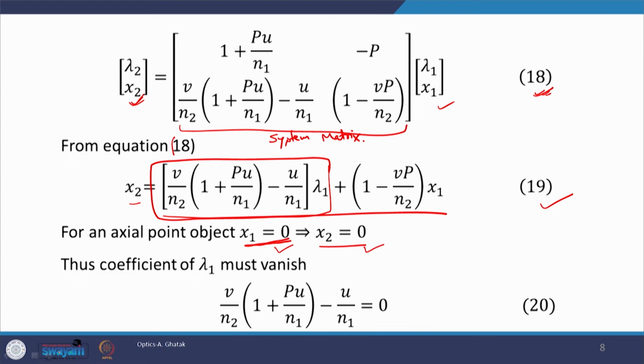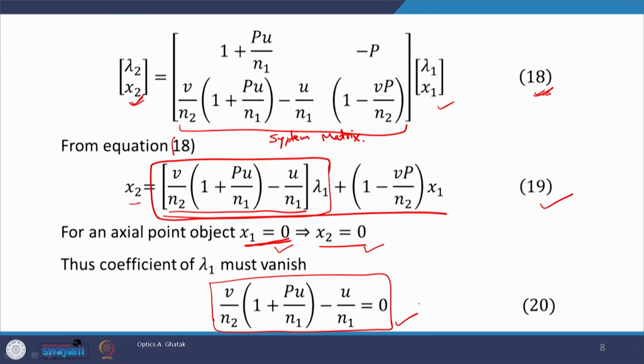Therefore, the coefficient associated with lambda 1 must be equal to 0, and we will equate this term in the bracket to 0. If you equate this term to 0, then we will get this relation, which is equation number 20. For an axial point object and axial point image, we will get equation number 20.